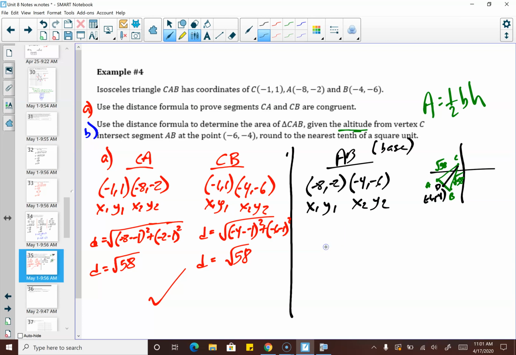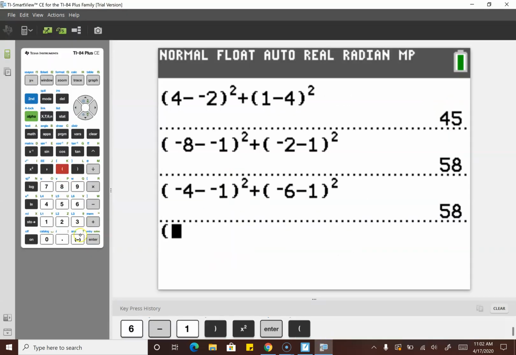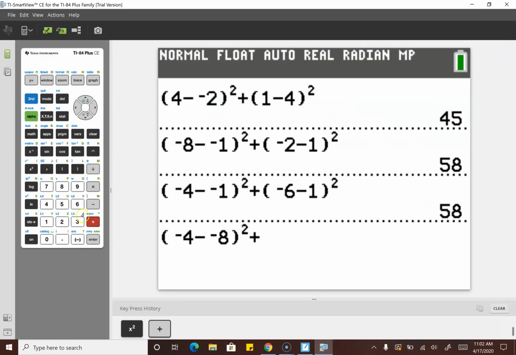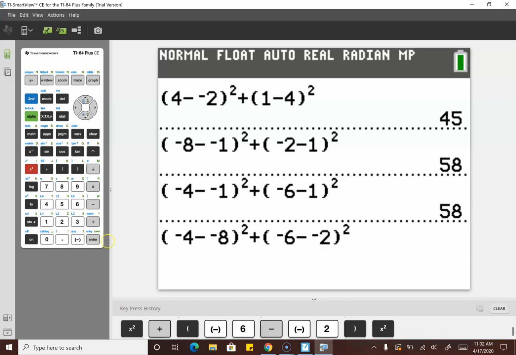So the distance now is D equals big square root of -4 minus -8 squared plus -6 minus -2 squared. All right, again, be very careful with all the negative signs and minus signs. So -4 minus -8 squared plus -6 minus -2 squared.